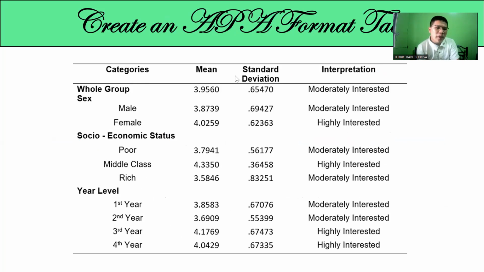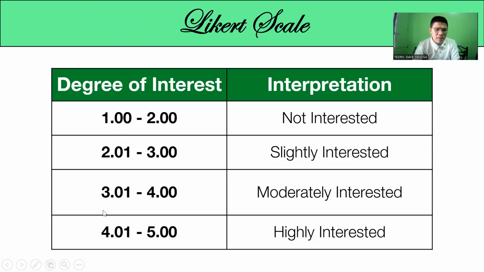So how do we interpret this one? The interpretation depends on your mean. So with your mean, 3.9560, you go to your Likert scale, here, it is under the third interval, this one. So moderately interested. So that's how you do the format of your APA.